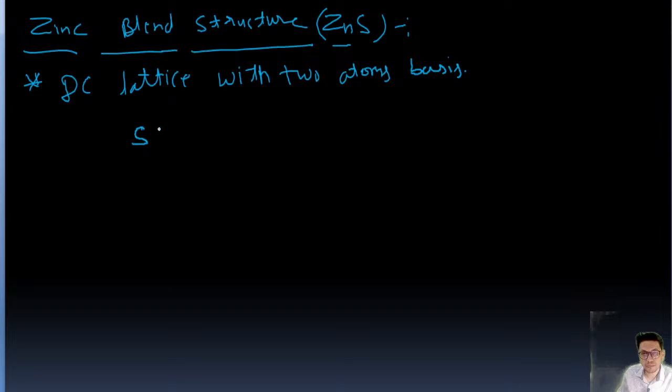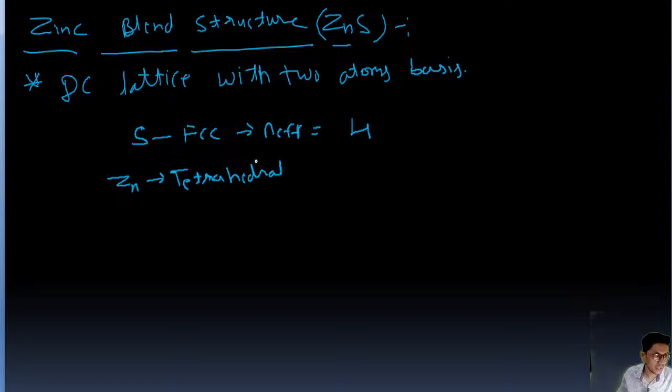S atom has FCC structure, and N effective for S atom is 4. And the Zn atom has tetrahedral structure, so it's at the tetrahedral position, and N effective for Zn equal to 4.